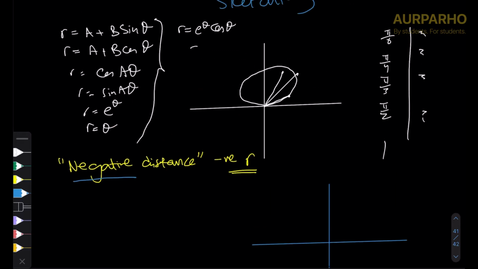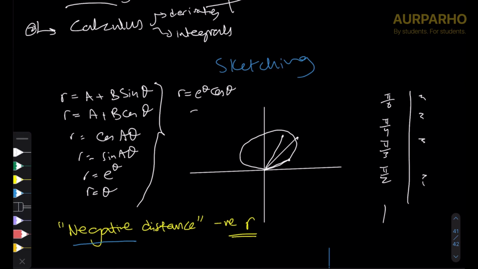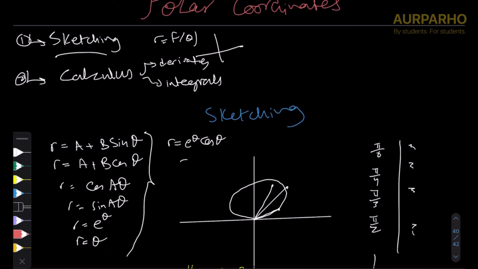One thing I should mention here before this is that when you're practicing how to sketch different graphs, or you come across different graphs that you don't know the shape of, I would recommend you use graphing software such as Desmos and GeoGebra.